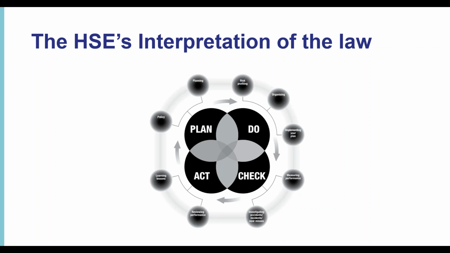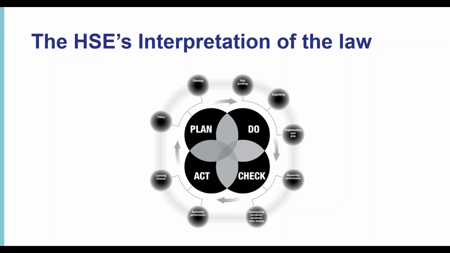What I mean by that is, as you can see here, we're talking about the HSE's interpretation of the law. Hopefully you all recognise that model. That is from the HSE's guidance, HSG 65, which is an interpretation by the HSE of the Management Regulations 99. So it's their interpretation of the law.